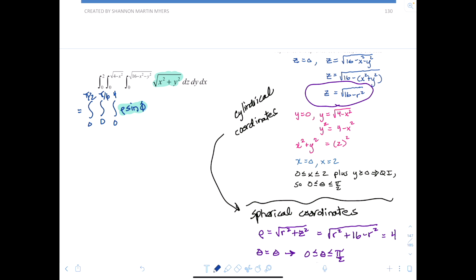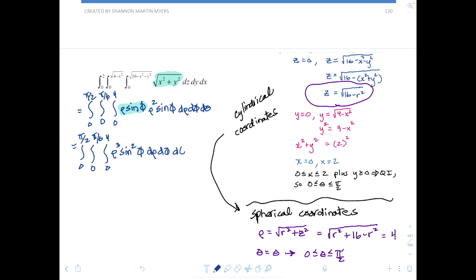And then we're going to have from the formula rho squared sine phi, and that's going to be d rho d phi d theta, and that's going to give us the integral from 0 to pi over 2, the integral from 0 to pi over 6, the integral from 0 to 4 of rho cubed sine squared phi, and then d rho d phi d theta.